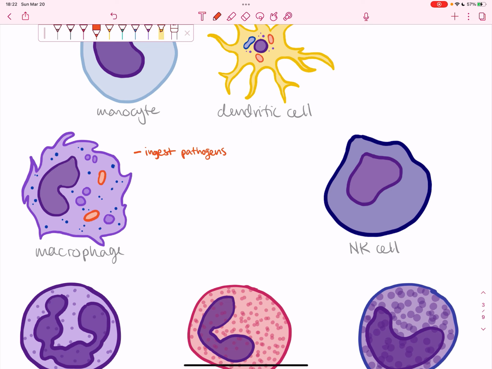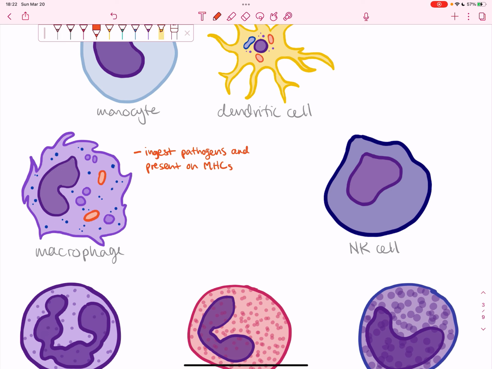Just pathogens and, okay, macrophages also secrete cytokines. Cytokines are responsible for inflammation and also further recruitment of other cells of the innate immune system.